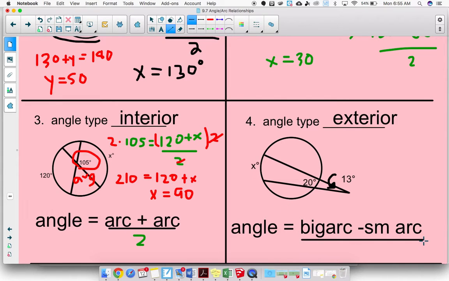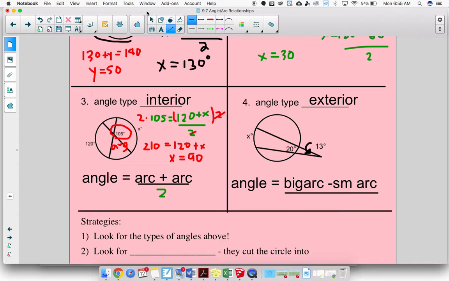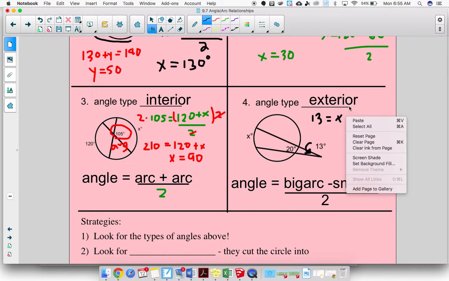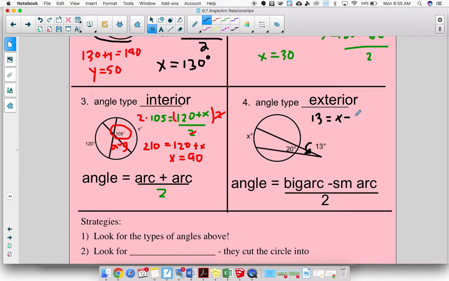All over 2. So the angle that we see here is 13 degrees. The big arc, we don't know, so I'm going to call that x, minus the smaller intercepted arc, which is 20. And the formula says divide that by 2. It's very similar to the last problem.